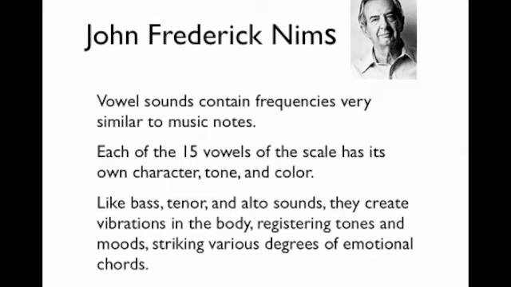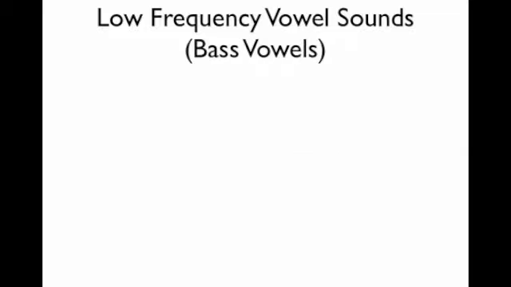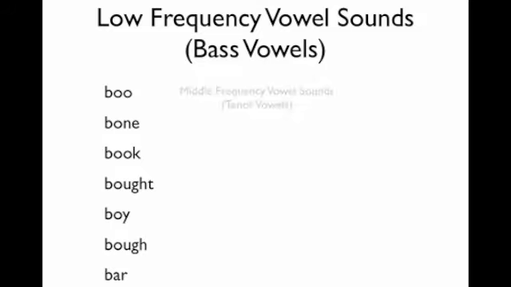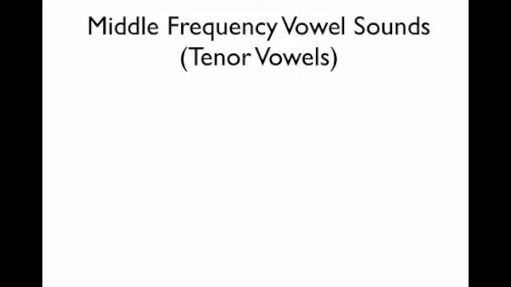So let's take a look at this vowel scale. We're going to start with the low frequency vowel sounds. These are also known as your bass vowels. And they're inherent in words like boo, bone, book, bought, boy, bow, bar. And here are the middle frequency vowel sounds, or the tenor vowels.